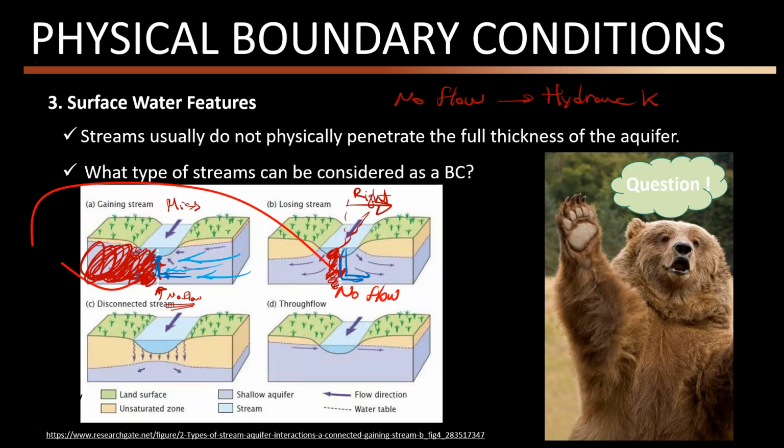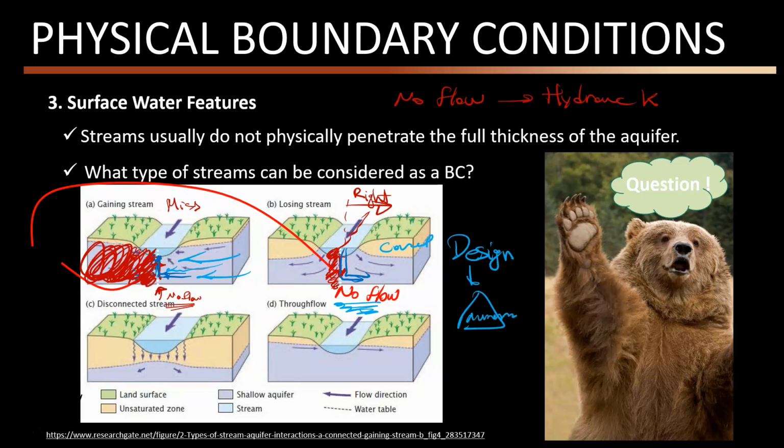We're going to work on similar examples, similar situations, and I hope that you will see how we can convert this conceptual model into a mathematical form. If you remember, this is where we want to design a groundwater model. The idea here is that we have a conceptual model and we would like to transfer it into a numerical model, right?